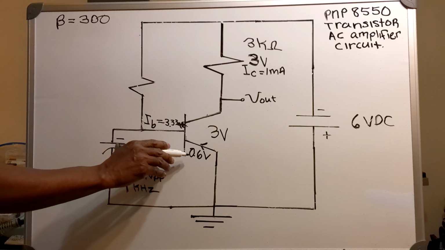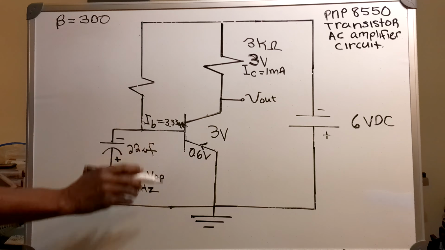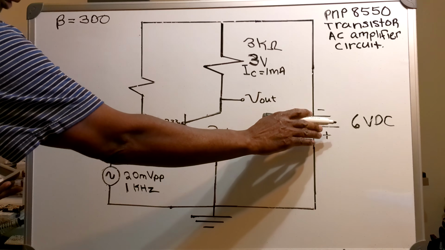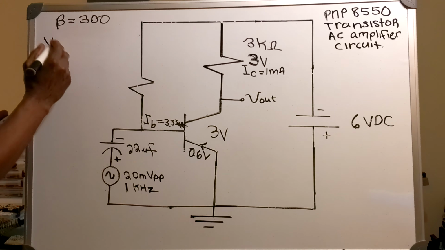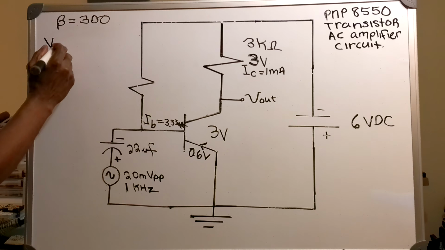Now I will use 0.6 volts and my 6 volts, and I will find the voltage across my base resistor. I'm going to call it VBR.